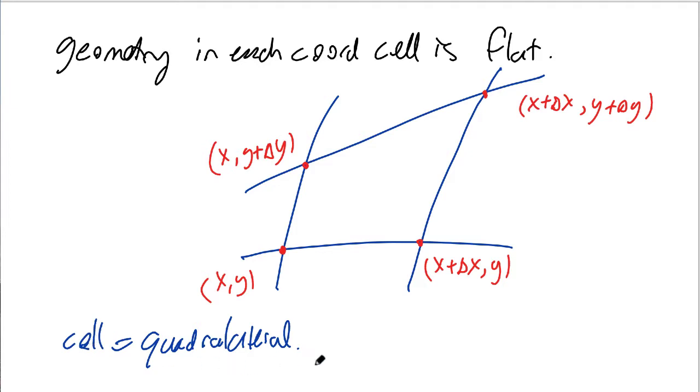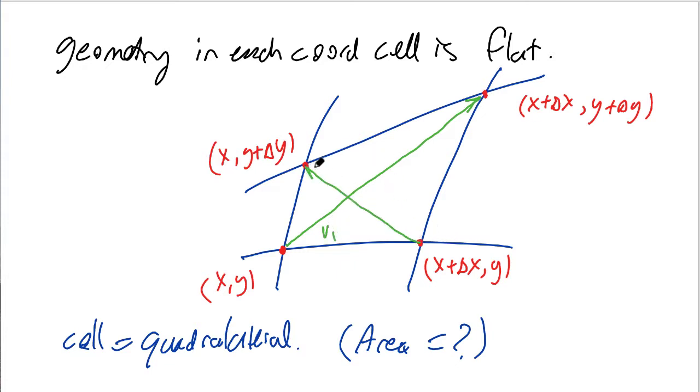So, what is the area of a quadrilateral? Well, you can look this up for yourself if you don't already know. The area of a quadrilateral can be computed as follows. We take this vector, let's call this vector v1, and this vector, let's call this vector v2, and then the angle between the two vectors we'll call theta.